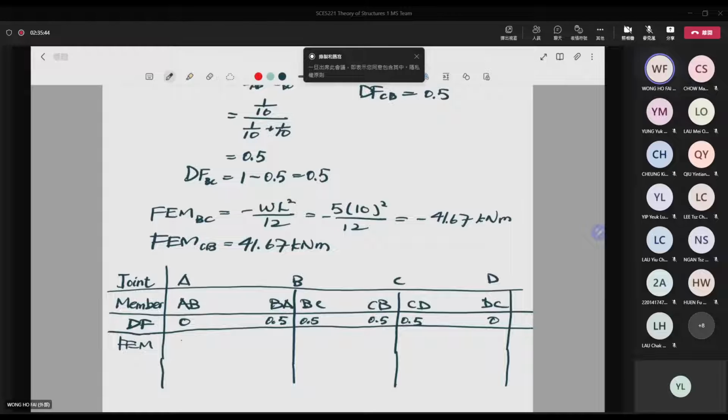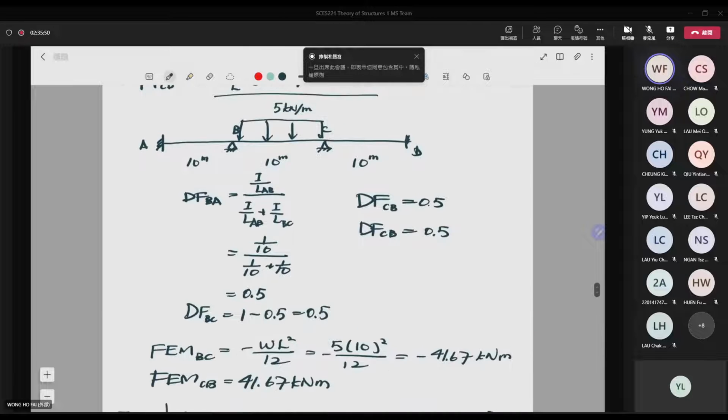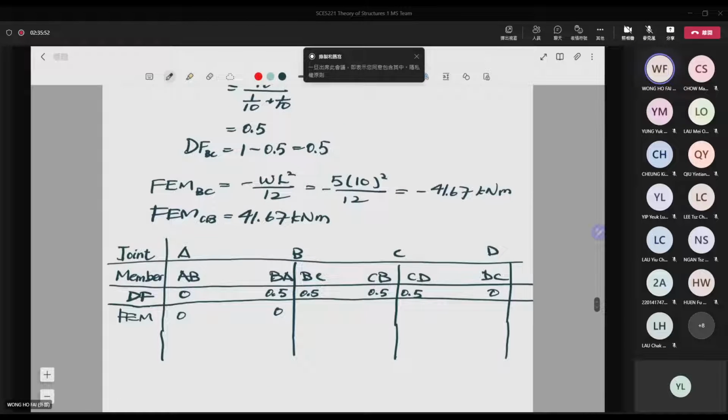It is actually equal to 0 for those without loading. So it is equal to 0 on both sides. And it is equal to negative 41.67 in the member BC, but it is still 0 on the other side, okay?